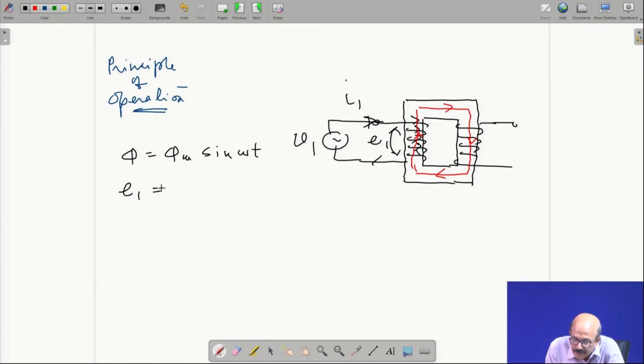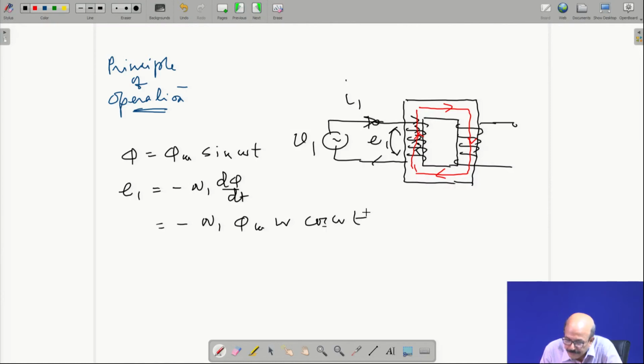We know from Faraday's law, E1 is minus N1 d phi by dt, and you can clearly calculate this as N1 phi m omega cos omega t.